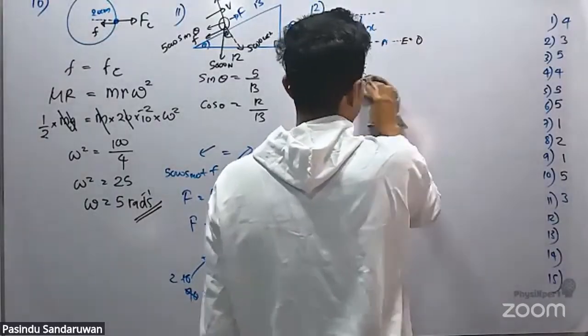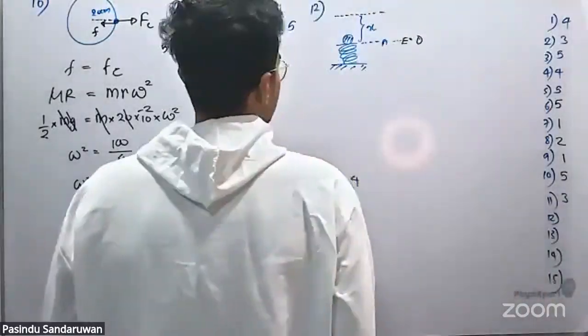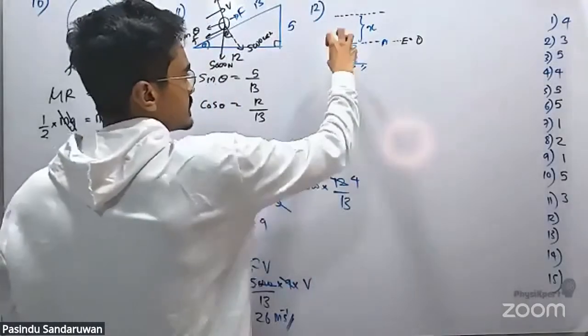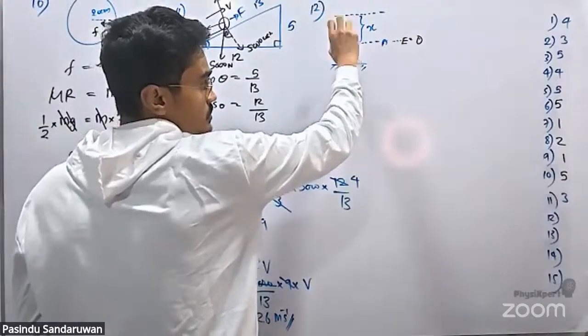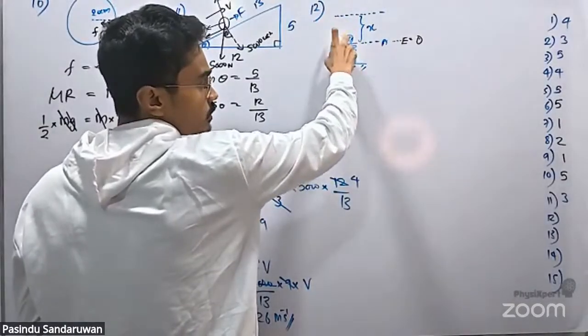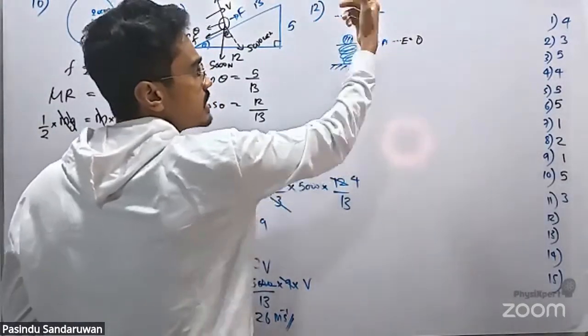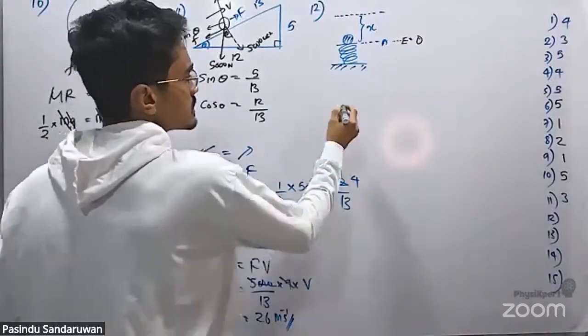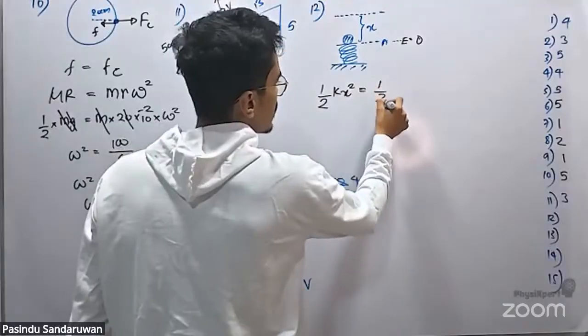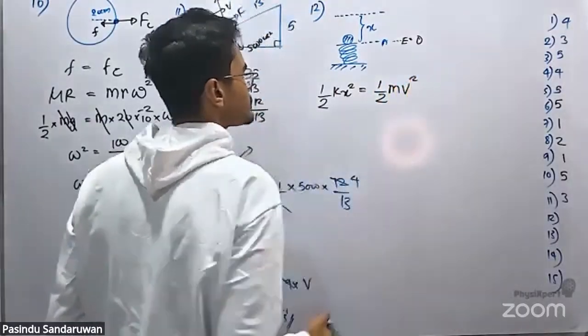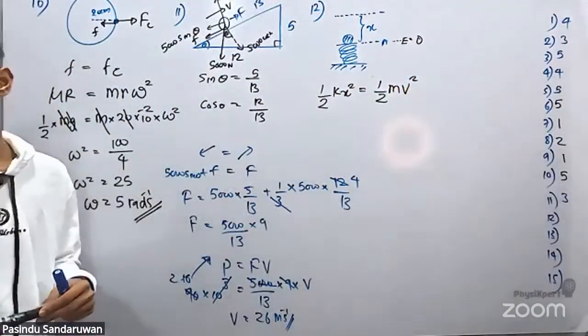Then directly, this whole energy stored in the spring should be converted into kinetic energy. So simply half kx squared equals half mv squared.